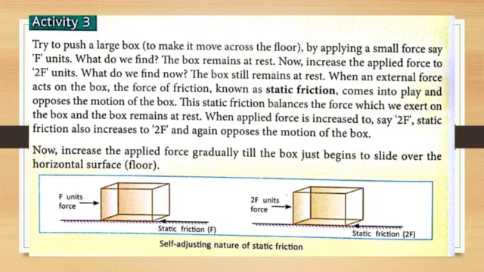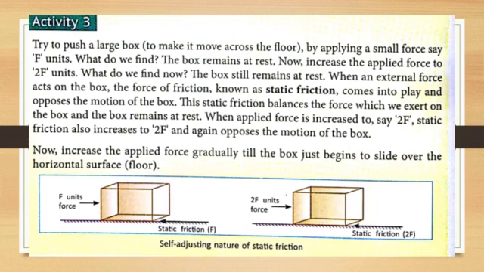When the applied force is increased to say 2F, it means we double the force. Static friction also increases as long as the box does not move. It means again the static friction is also increased by double, that is 2F, and again opposes the motion of the box. Now increase the applied force gradually till the box just begins to slide over the horizontal surface or floor.